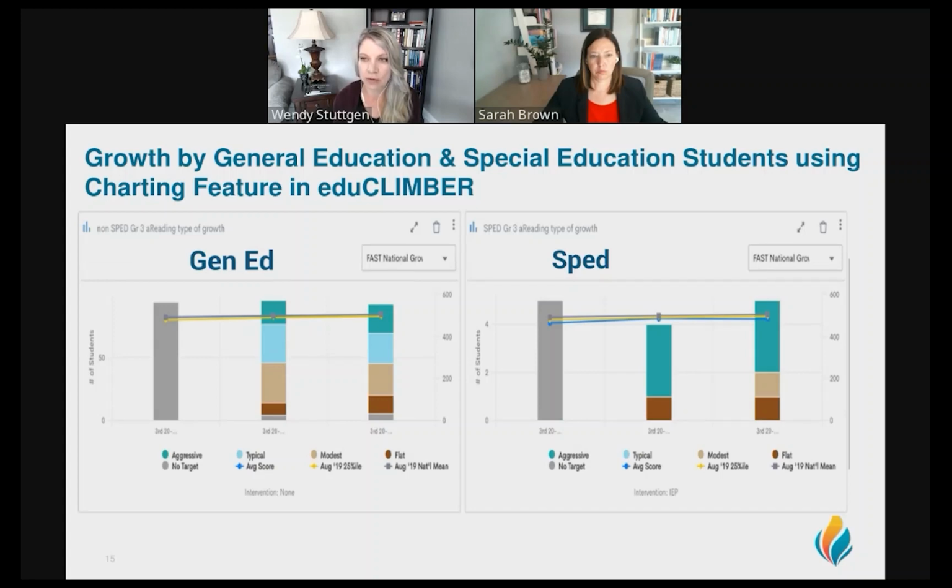That aggressive growth would be that teal colored growth, and the light blue is typical growth. So as you can see, there's a lot more teal for the students with special education or disabilities than with the gen ed. So this is just another way that teams can look at student growth between screening periods.